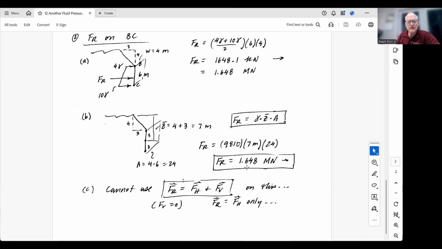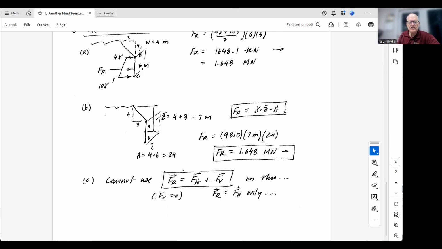So my FR is 1.648 meganewtons, same number we got up here. And we cannot use the horizontal and vertical method on this per se. In a way we do, because basically our FR is our F horizontal, and the F vertical is 0. So we kind of use it, we kind of don't use it. So again, these are 2 different problems worked 5 different ways.